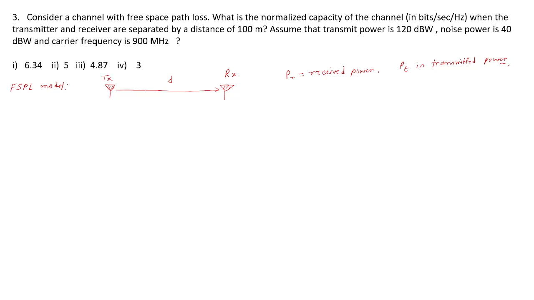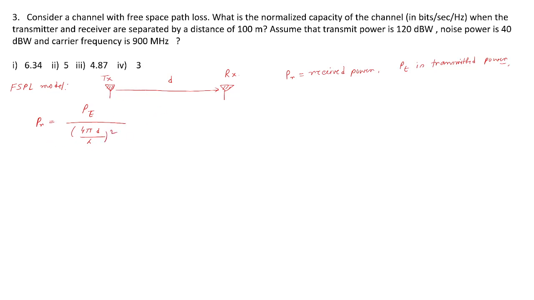To model this practical phenomenon, what does the free space path loss model say? It says that received power PR can be obtained by dividing the transmit power PT over the quantity (4 pi d by lambda) squared.